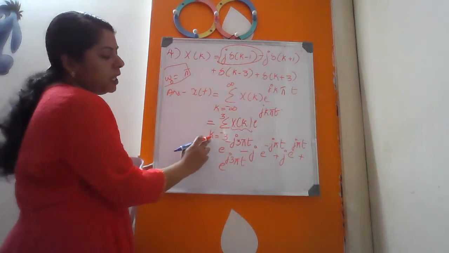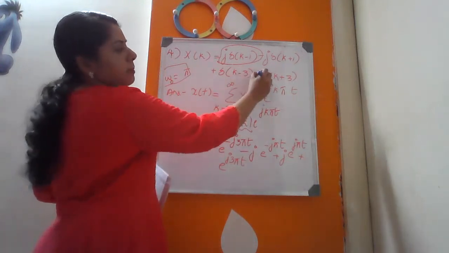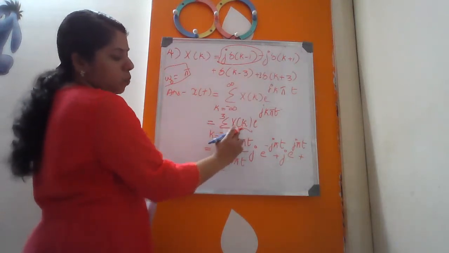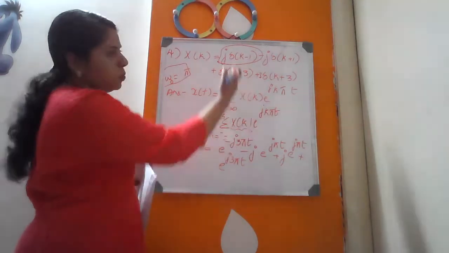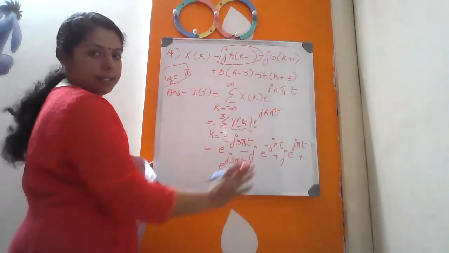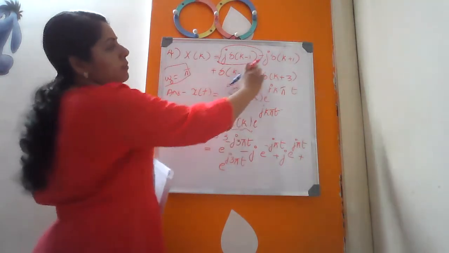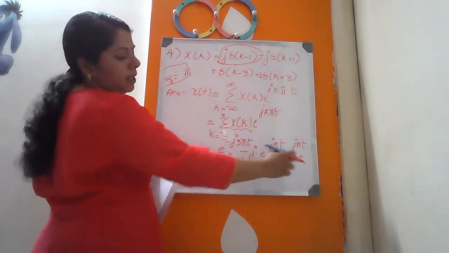If I am substituting k equal to minus 3, my amplitude is 1, so that's why here I have 1 e power this thing. Now, if I am substituting minus 2, I don't have any value, so I'm just neglecting that. If I am substituting minus 1, I am getting its amplitude as minus j, like that I got.